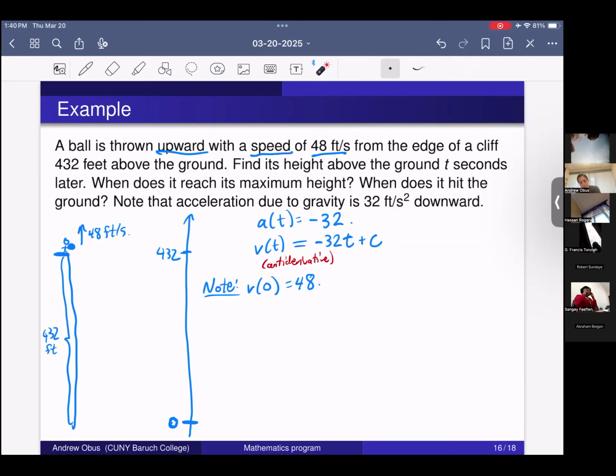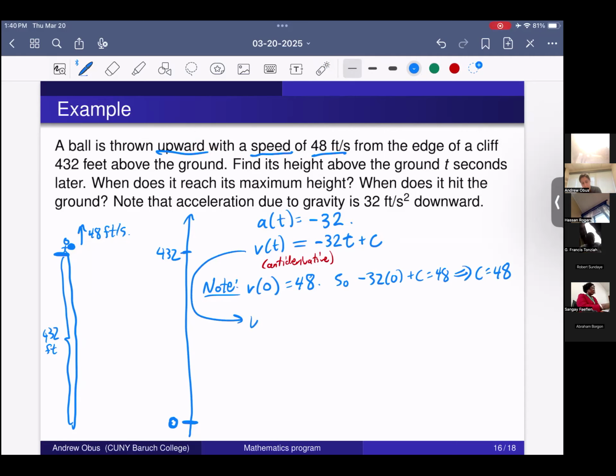So now we have to do our procedure to solve for c. Negative 32 times 0 plus c equals 48. Solving this for c, c is equal to 48. So we get that v of t is equal to minus 32t plus 48.